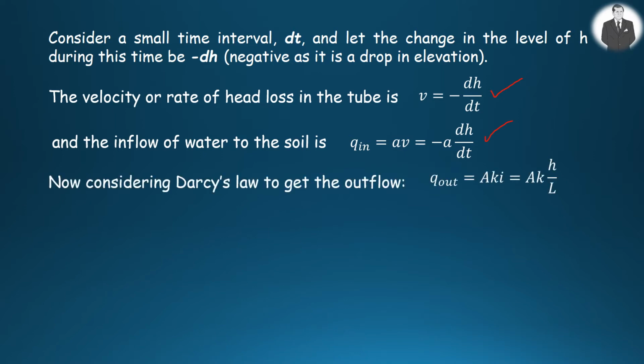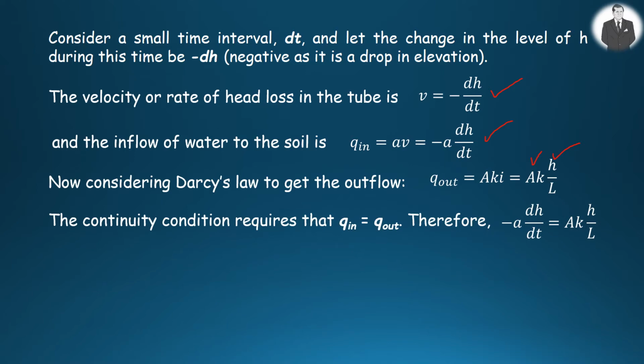Now, regarding Darcy's law, to get the outflow, Q out can be written as A times K times H over L. The continuity hypothesis necessitates that inflow of water is equal to outflow of water.